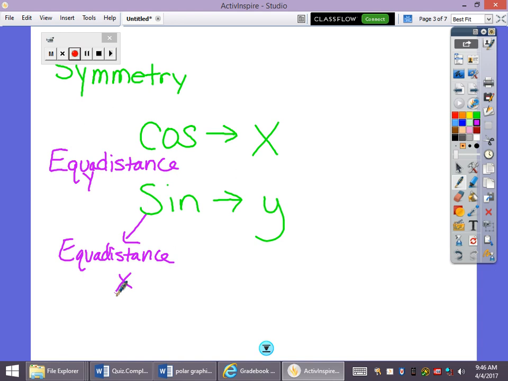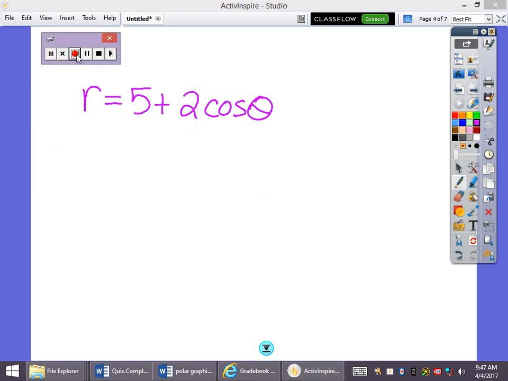Now we are going to practice one. So find some space on your paper. We are going to work through one quickly. The first thing we're going to do is notice: is this a rose or a Limacon? Limacon.